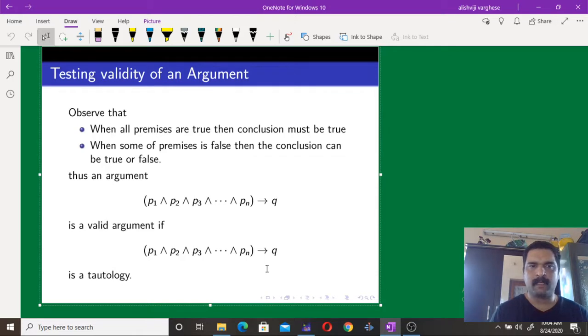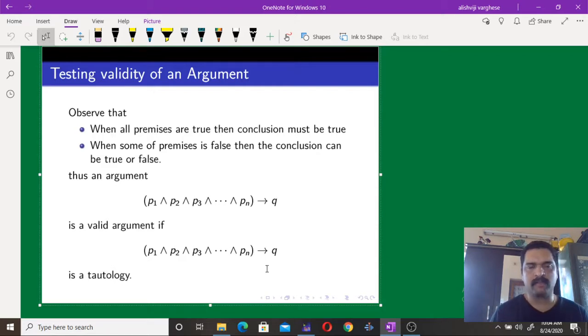We already discussed that an argument is said to be valid when, if all premises are true, then the conclusion is true. So we are not bothered about the case when one or some of the premises are false.